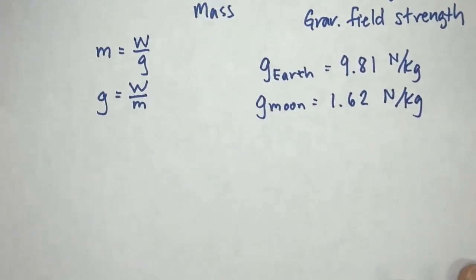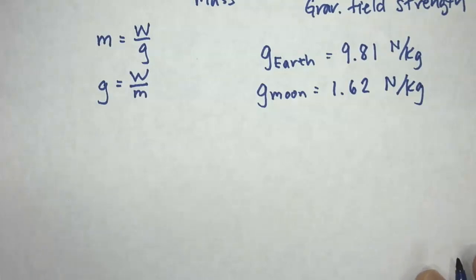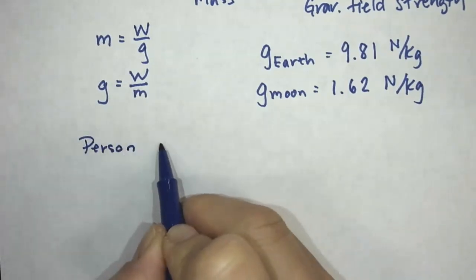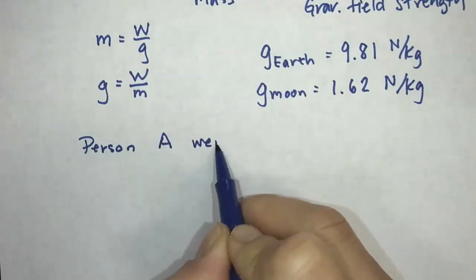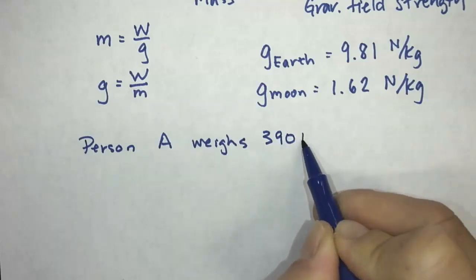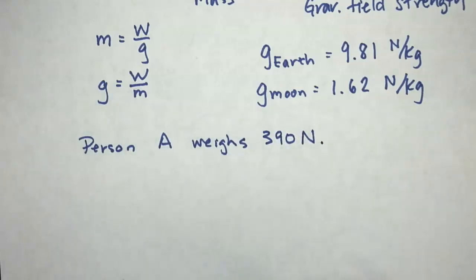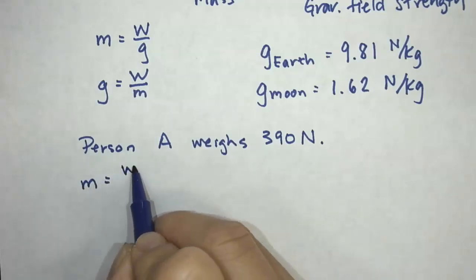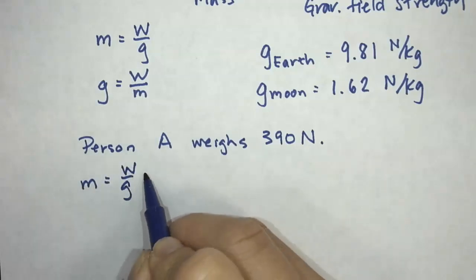Okay. So now we can work through some problems. Let's say that person A weighs 390 newtons, and we want to calculate the mass. To calculate the mass, we take the weight divided by the gravitational field strength.